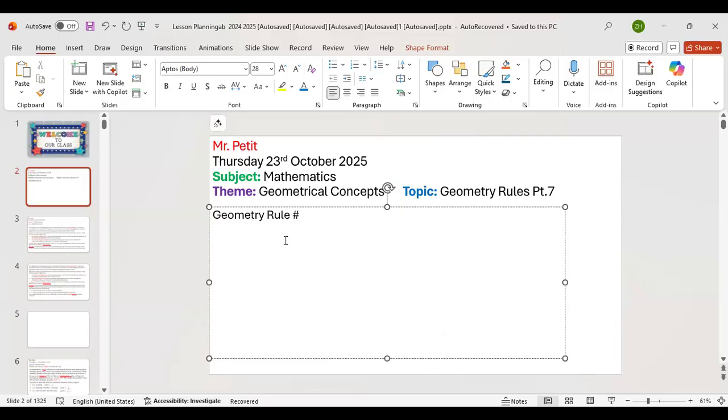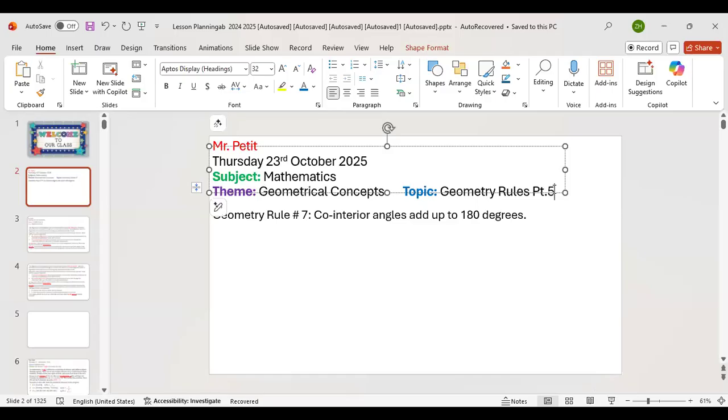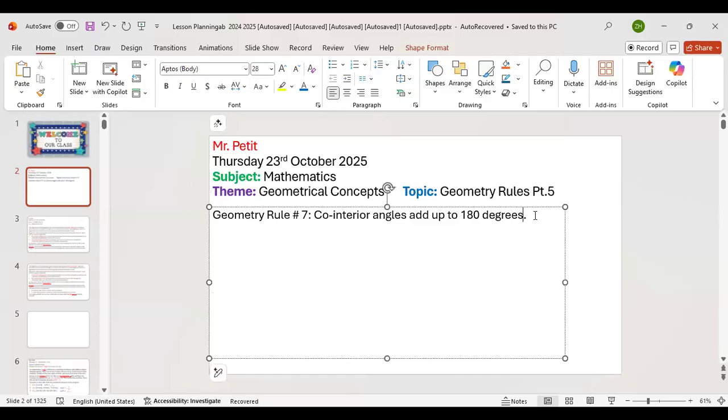Okay, this one states that co-interior angles add up to 180 degrees, right? Mr. Petit, the topic is supposed to be Rule 5. Rule 5, okay, thank you. Co-interior angles add up to 180 degrees.